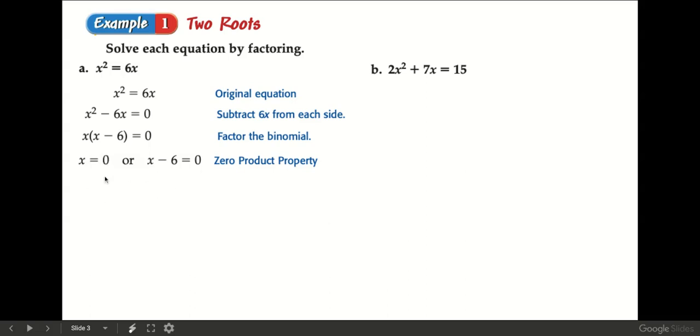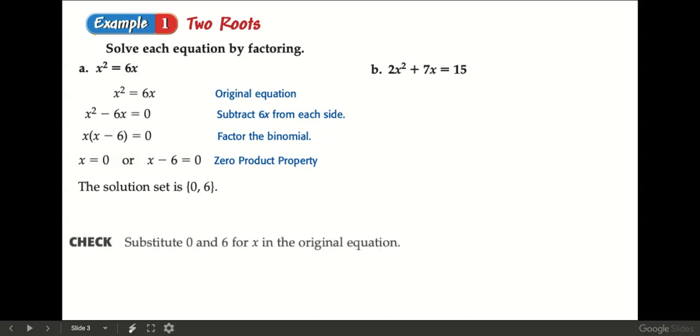The one on the left, x equals 0, is already solved. The one on the right, I have to add 6 to both sides, and it tells me that x has to equal 6. So the solution is either x is 0 or x is 6. You can check to see if those two things actually work by substituting them into the original equation.